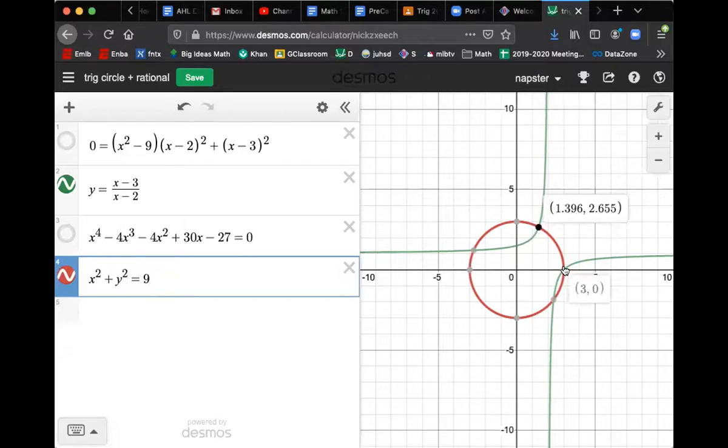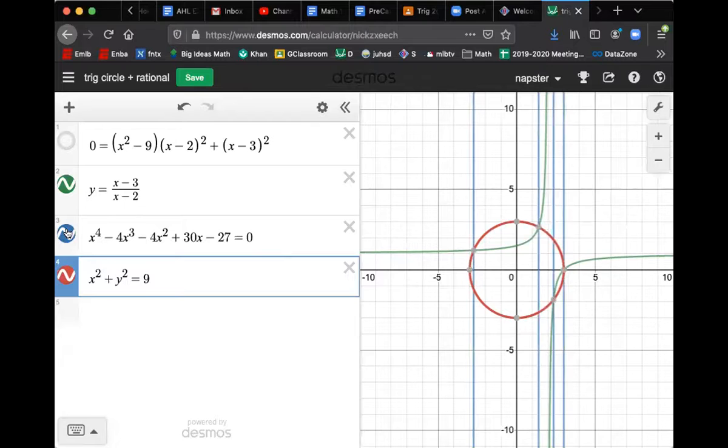That one, and remember that was the one that had the x-intercept of the rational function and the radius of 3 of the circle, right? And then this one and this one. Okay, so here's the parabola. I'm sorry, I'm calling it parabola. Here's the polynomial, right? And notice that when that equals 0, we get the same solutions.